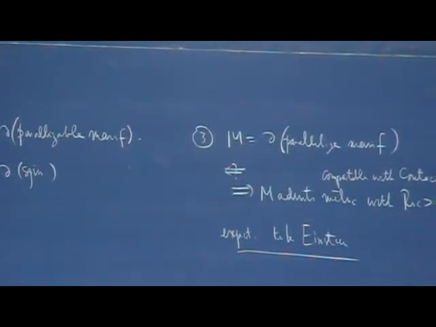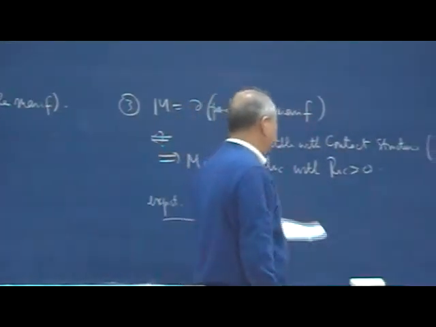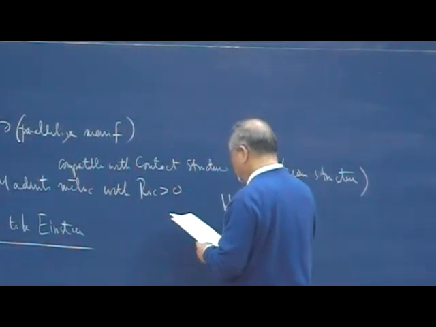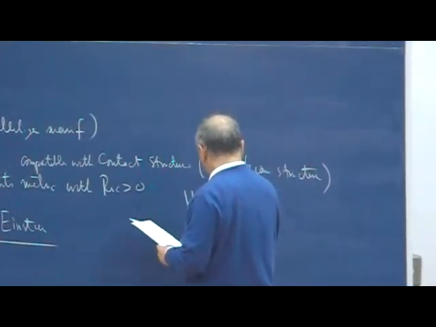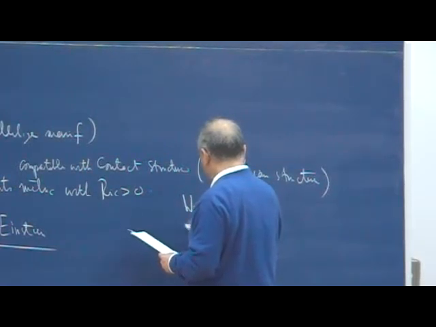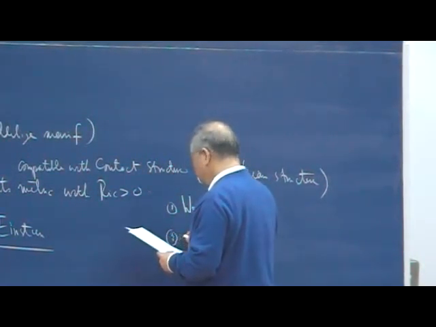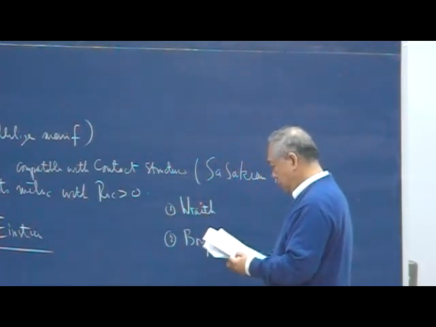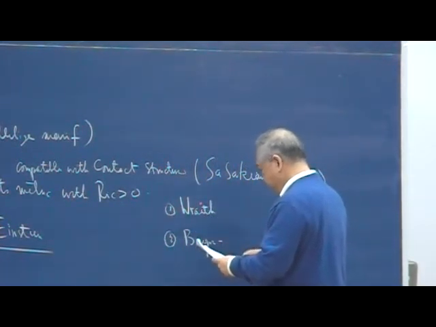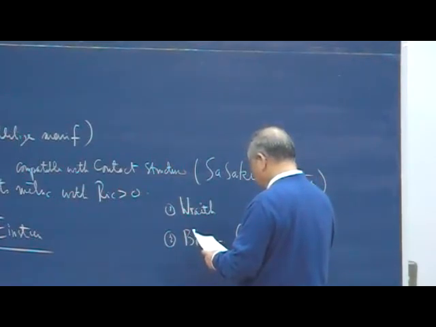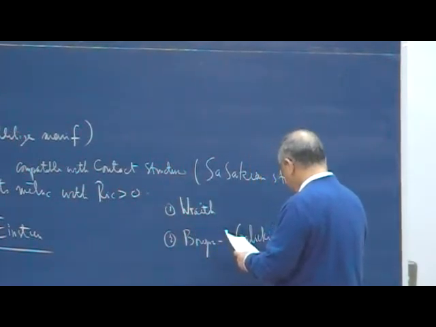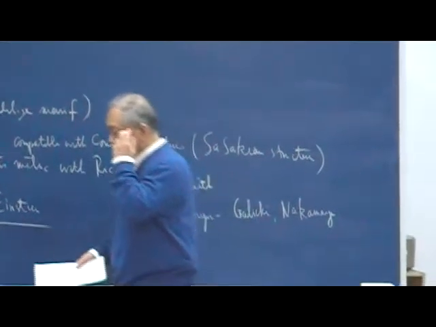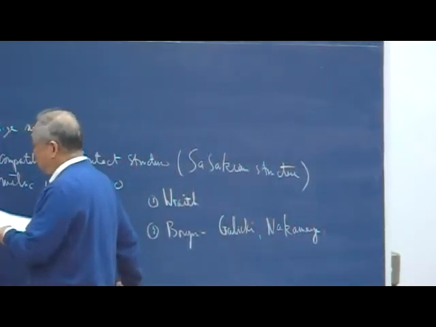Okay. Now, to prove this, there are two constructions. Let me mention: one is due to Grove–Ziller, and one is the paper that I'm going to talk about for you. There are two constructions of this kind of metric.